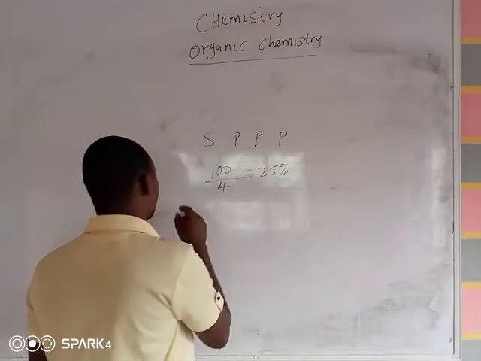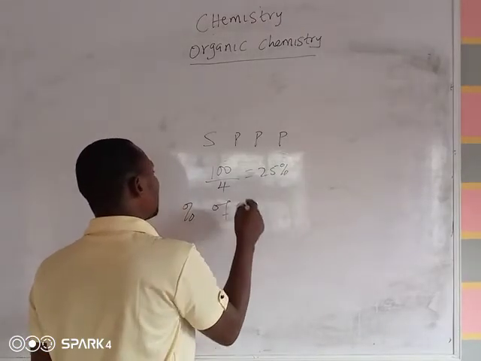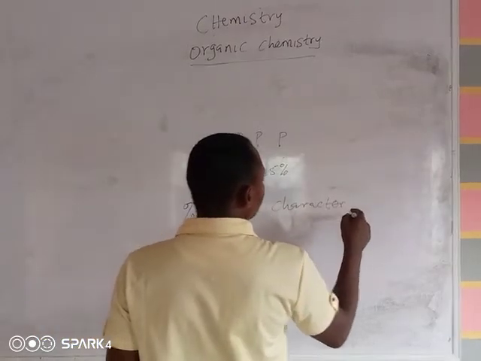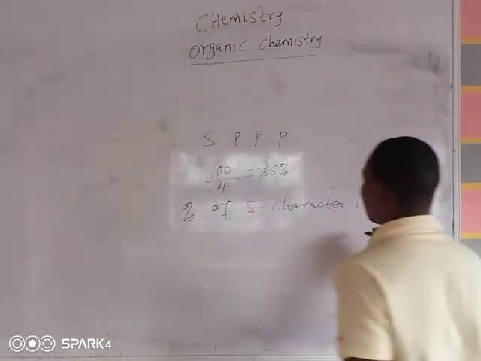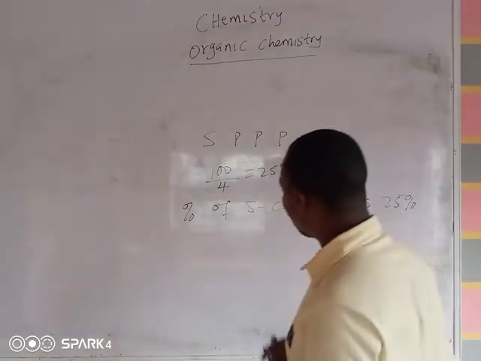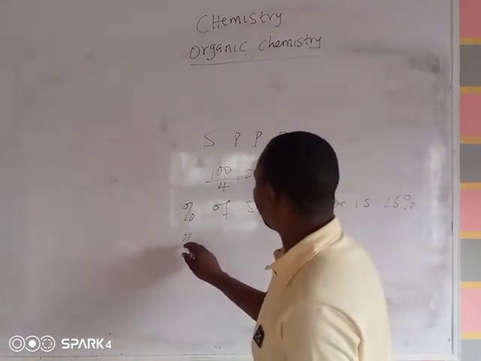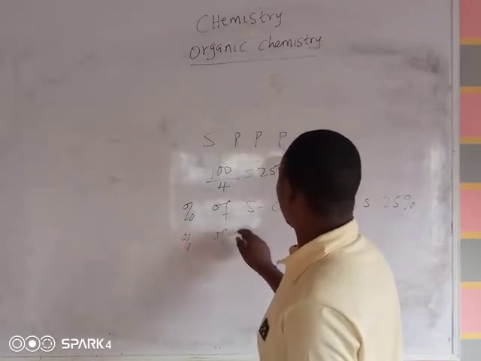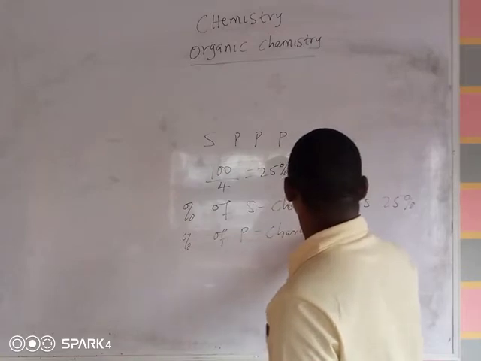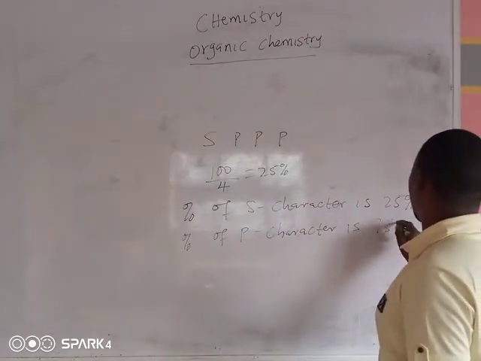So the percentage of S character is 25% because the S is really 1, and the percentage of P character is 75%.